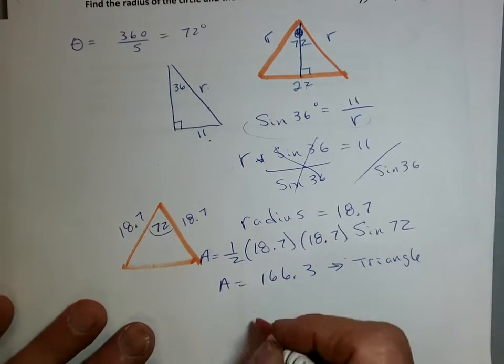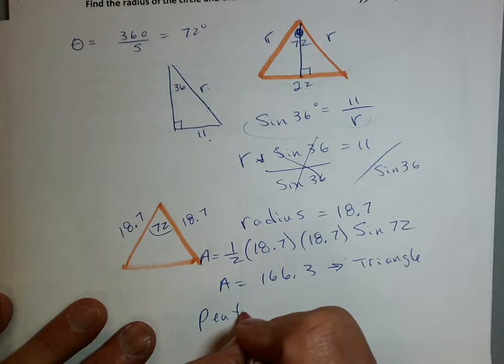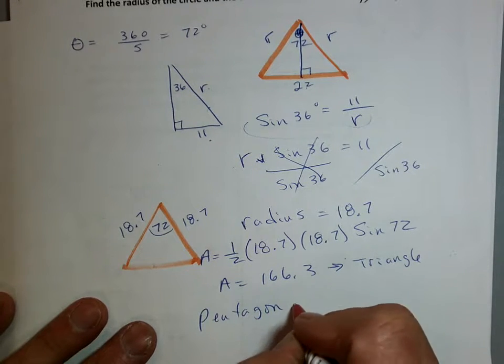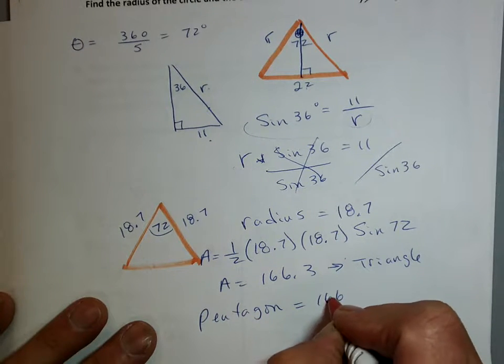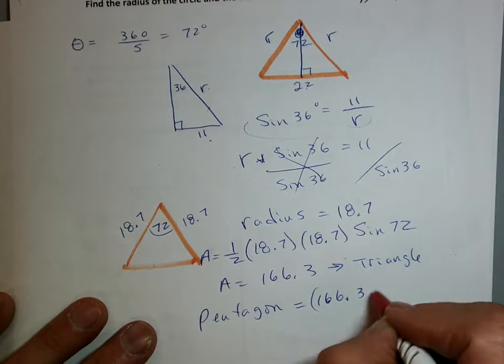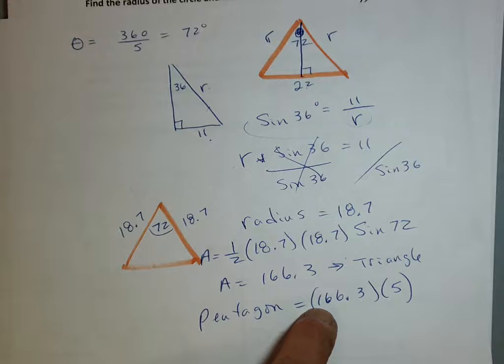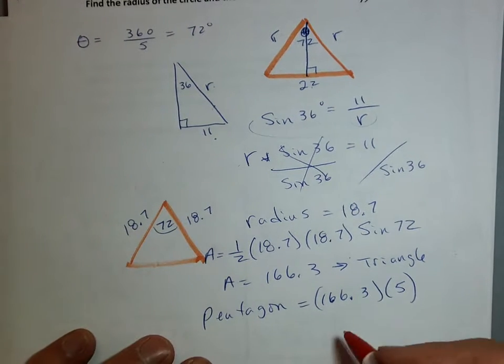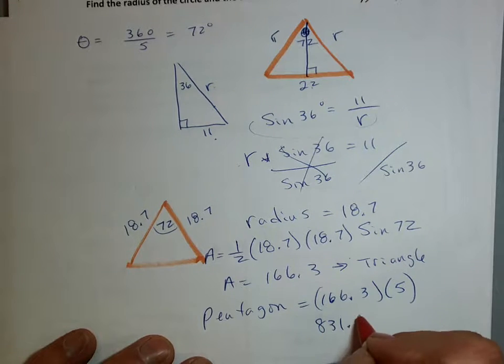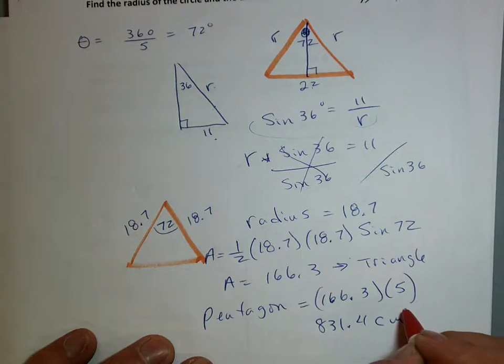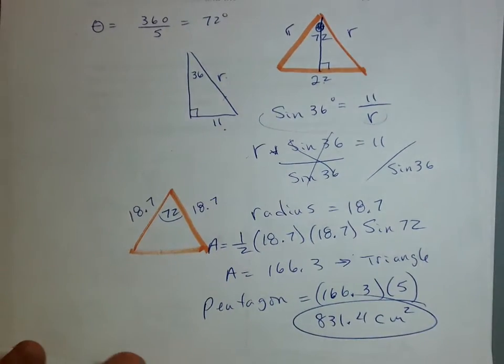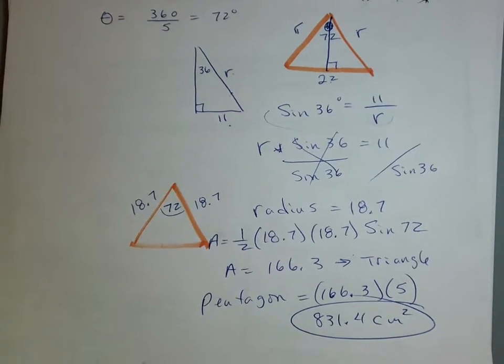So my pentagon is going to be 166.3 times 5. Okay, and I multiply that by 5, and I get an answer of about 831.4 centimeters squared. Okay, you can do this. This is a little bit of right triangle trick. Okay. All right, you ready?